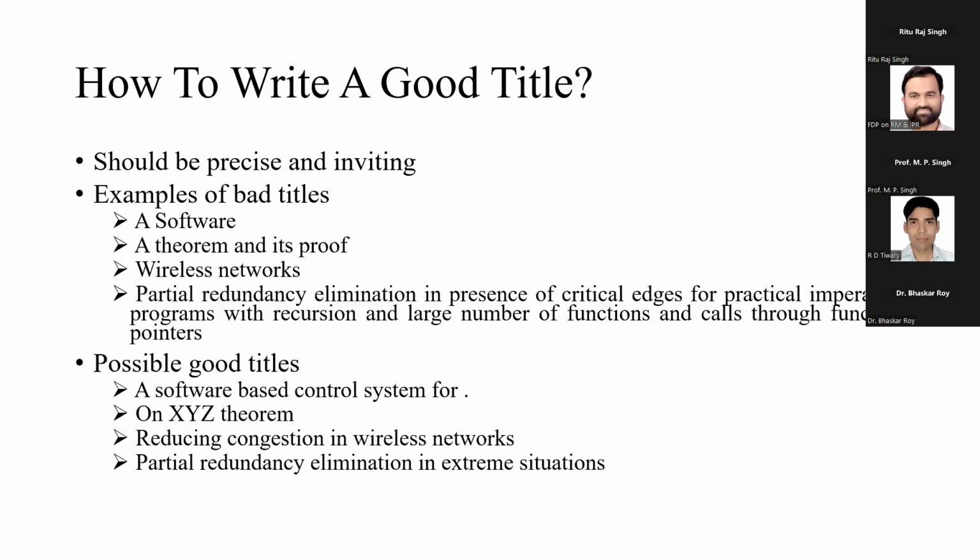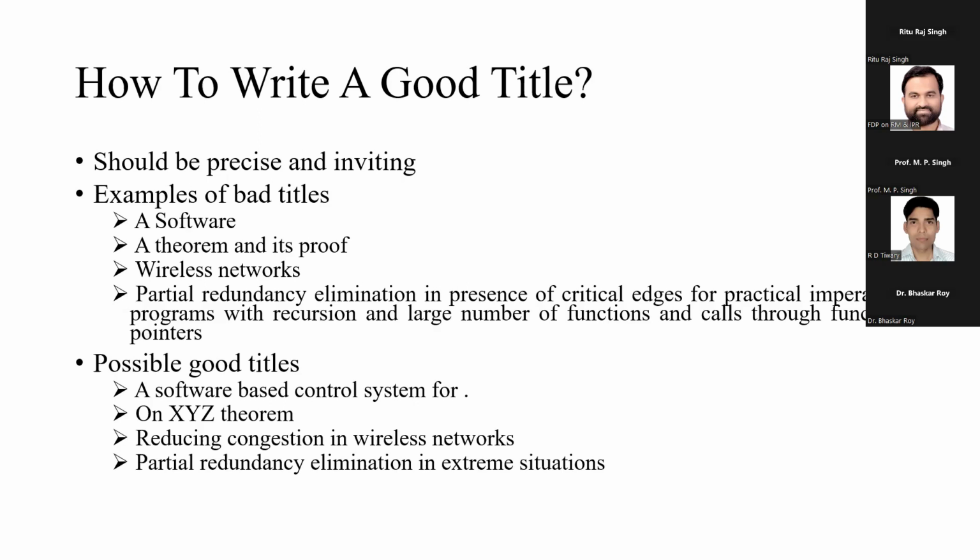So what could be a good title for, let's say, the very first example, a software? A software based control system for something, right? Now the next title that you are writing, a theorem and its proof. Instead of writing this, you can write a theorem and its proof on XYZ theorem. Third one, wireless network.